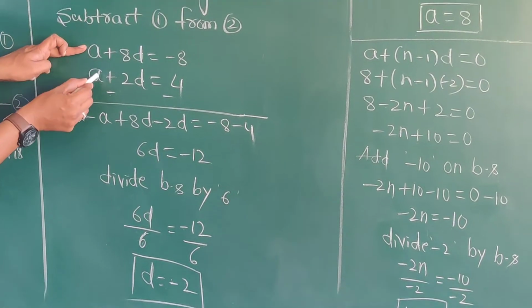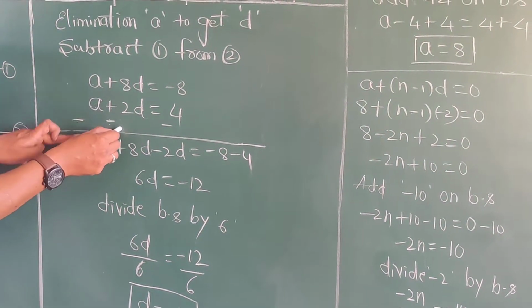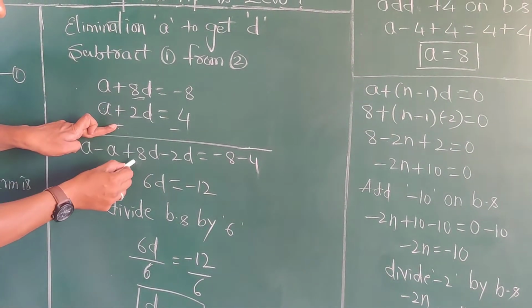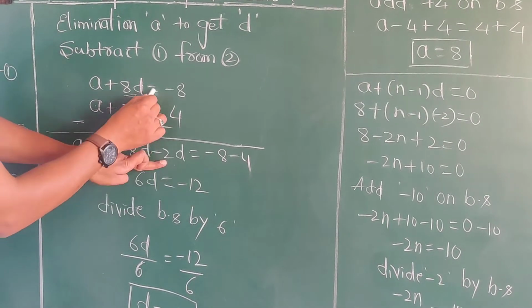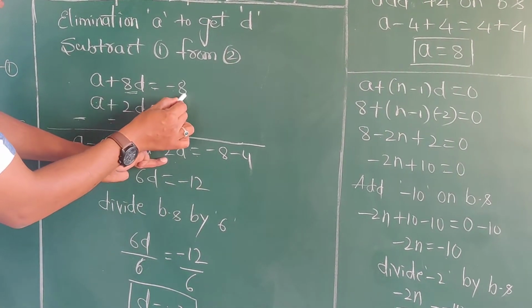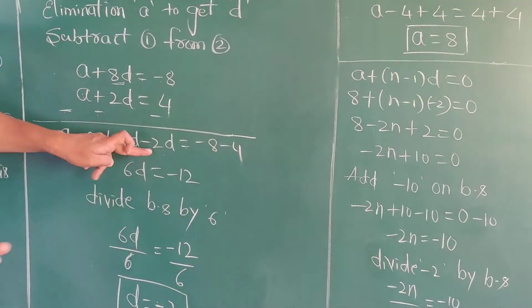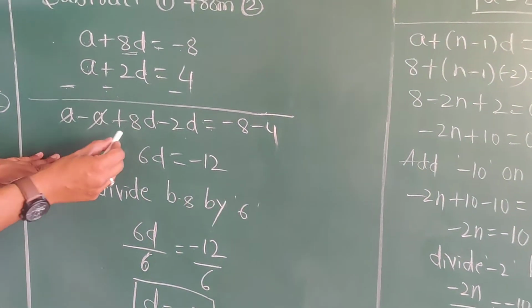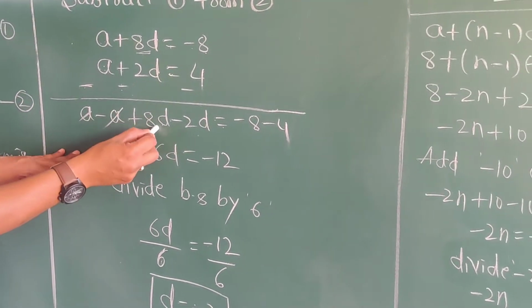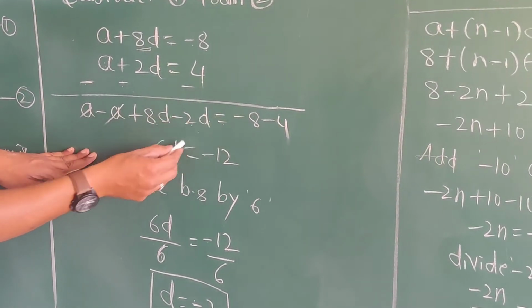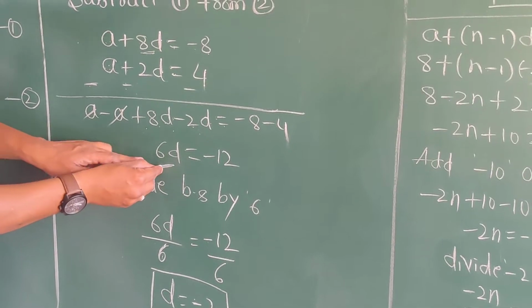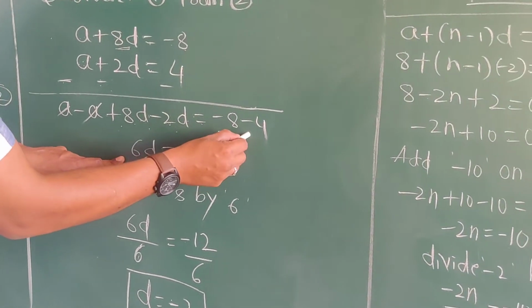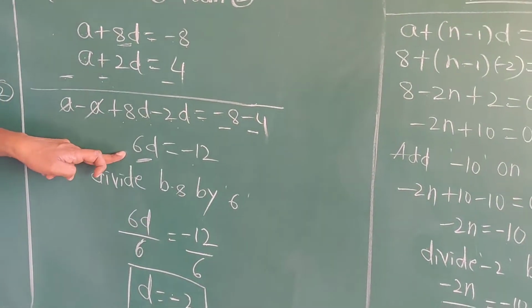Now a minus a, 8d minus 2d is equal to minus 8 minus 4. Understand, children? Once again, a minus a gets cancelled. 8d minus 2d is 6d, minus 8 minus 4 is minus 12.